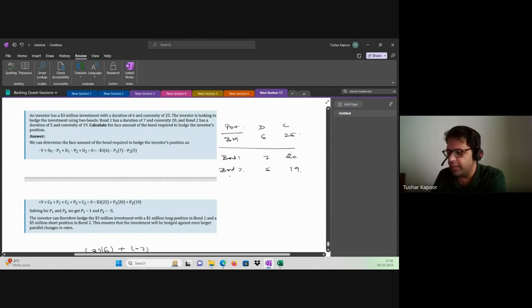Let me call it bond A, and this I'll call B, and the overall exposure should be 0. So minus 6, minus 7 times P1, and 5 times P2. Sorry, this is 5, this is not convexity.